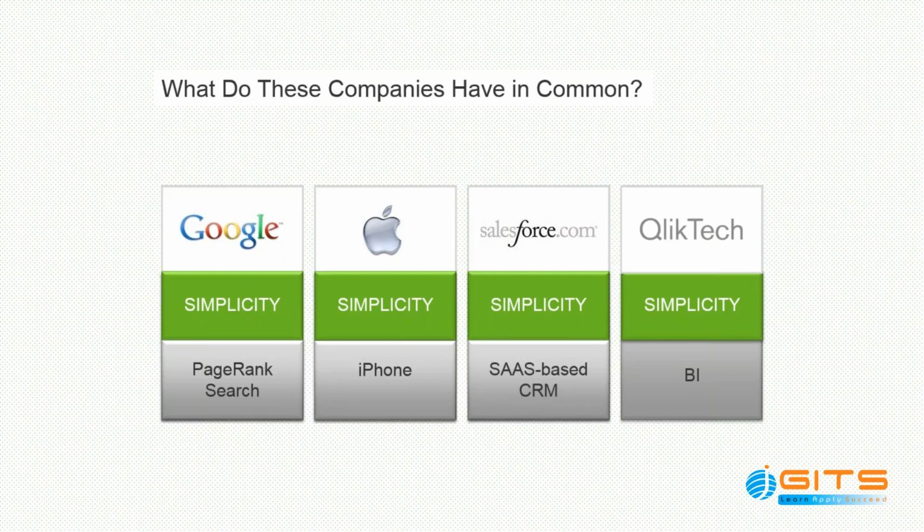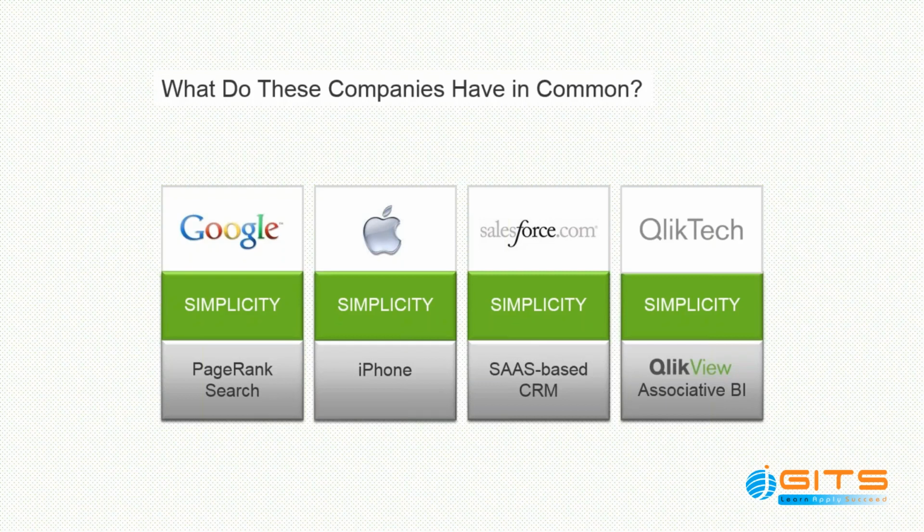CRM applications are now available to business users on the SaaS platform as software as a service. And QlikView has the latest offering in associative BI technology, which we'll talk about slightly later in our discussion. All these companies have been able to drive through because of one factor, and that is simplicity.